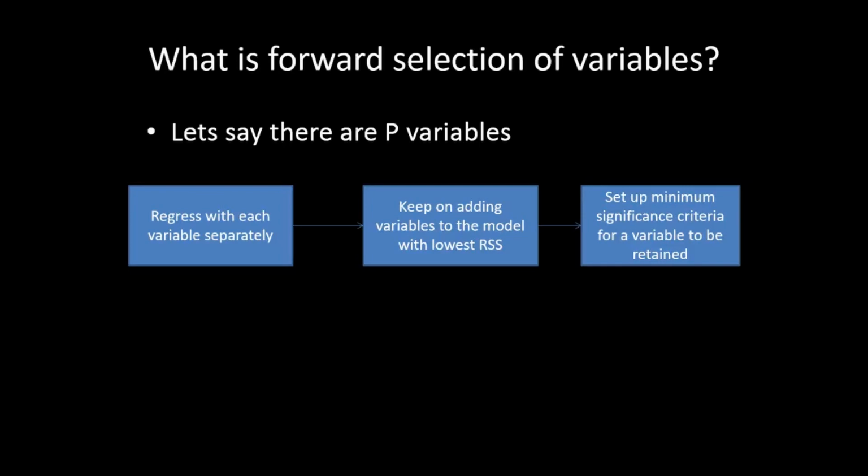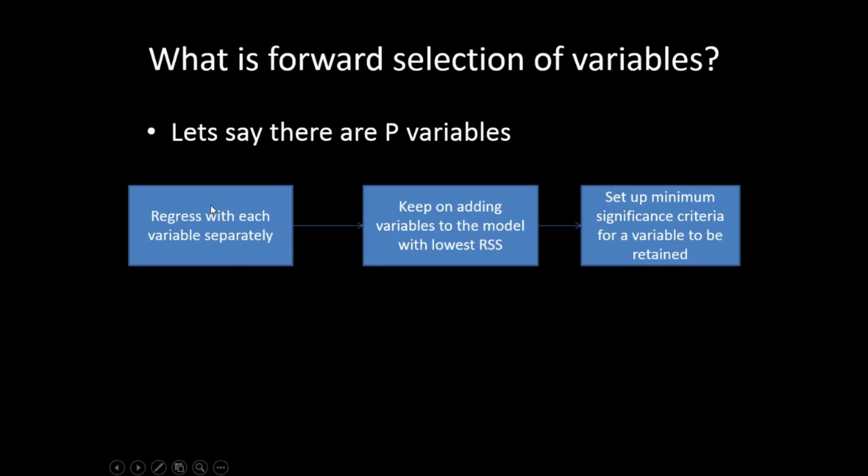In forward selection, we first regress the dependent variable with each of these p independent variables. When there is only one independent variable involved in a regression, we call it a simple linear regression, right?